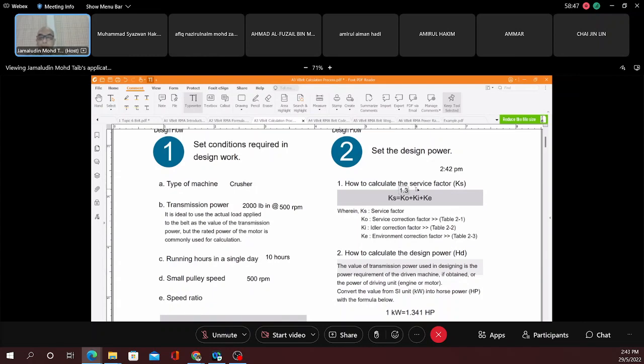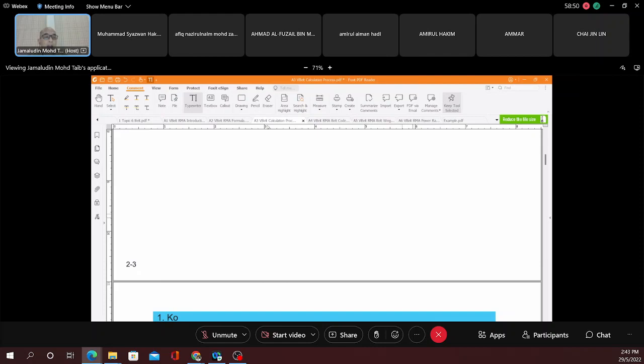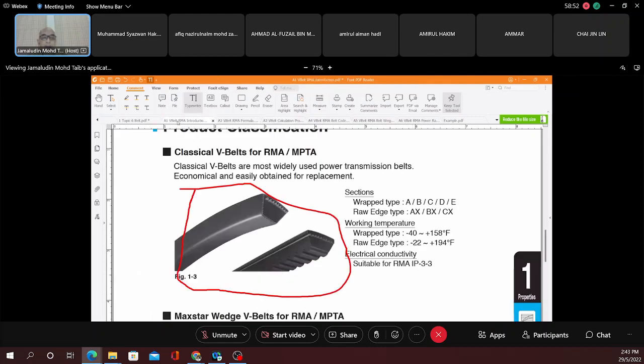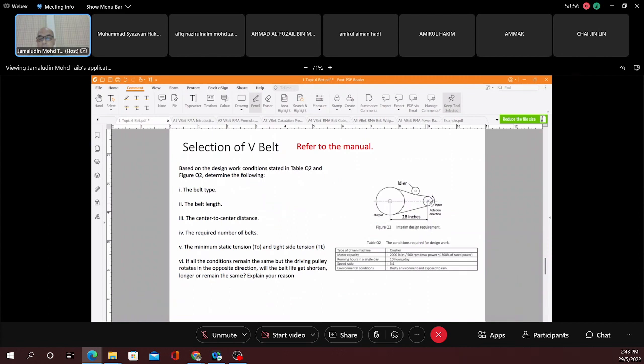All right. KI, idler. For the idler, we have to make sure we understand how this works. For example, if this rotates here, what's going to happen? This will be on the tight side, and the top here will be on the slack side.